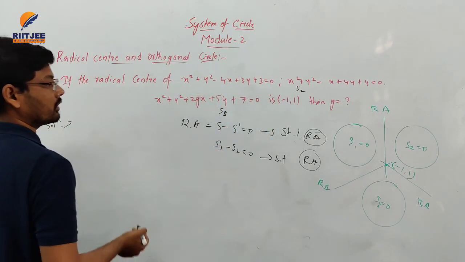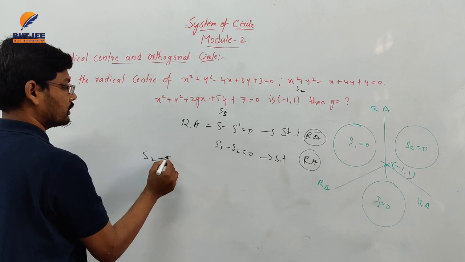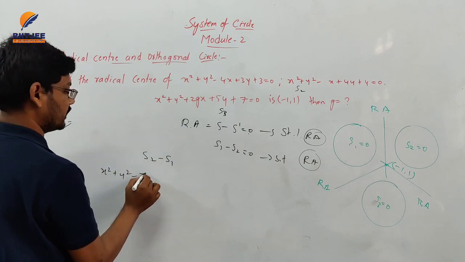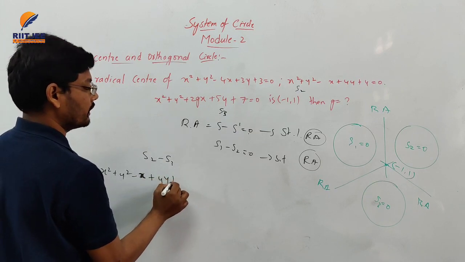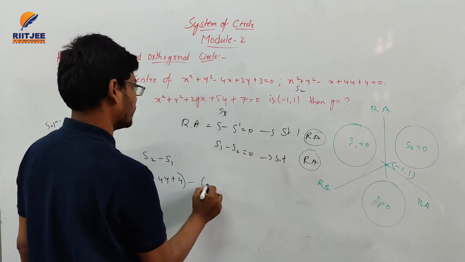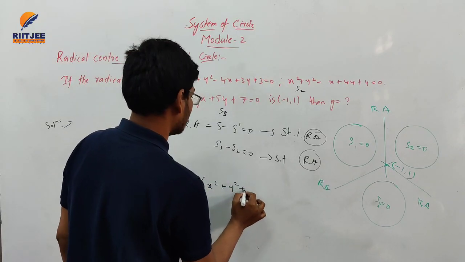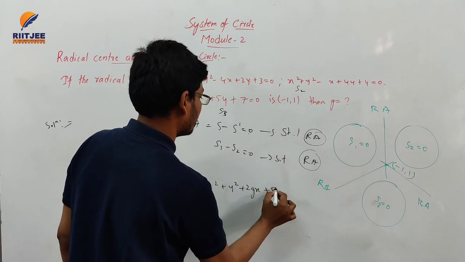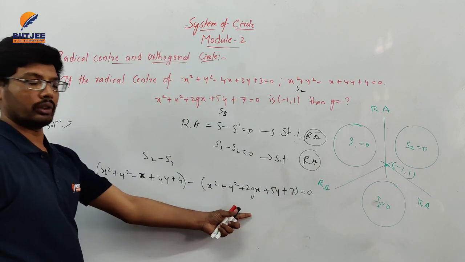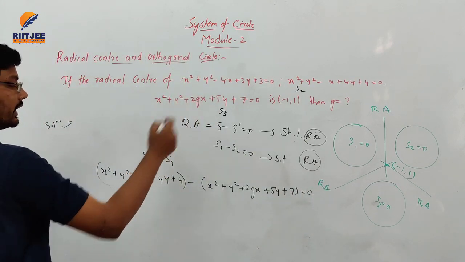I am finding S2 minus S3. The first equation is x square plus y square minus x plus 4y plus 4 equal to 0. Next, x square plus y square plus 2gx plus y plus 7 equal to 0 here. So I am subtracting these two equations, S2 minus S3. You can take any equation.